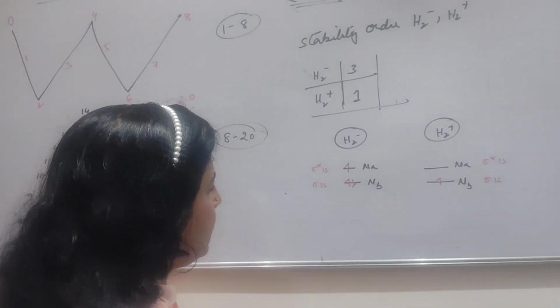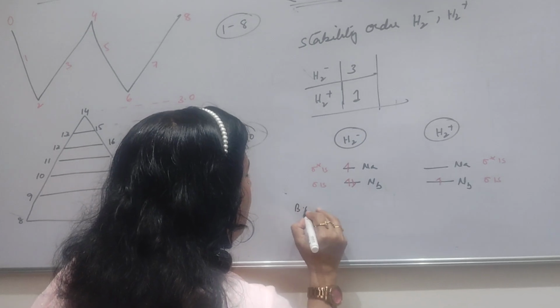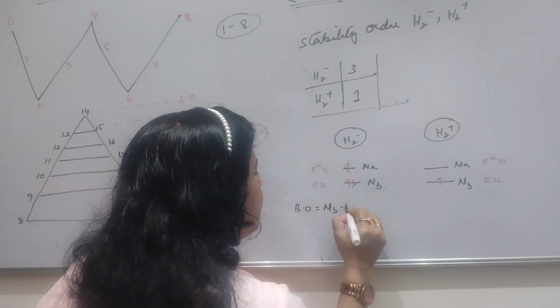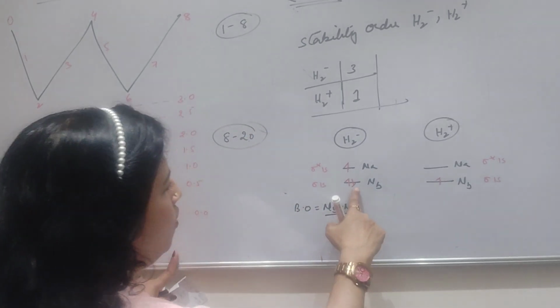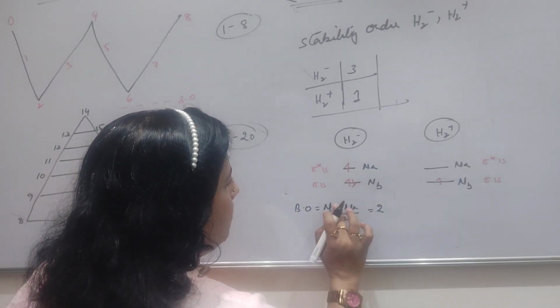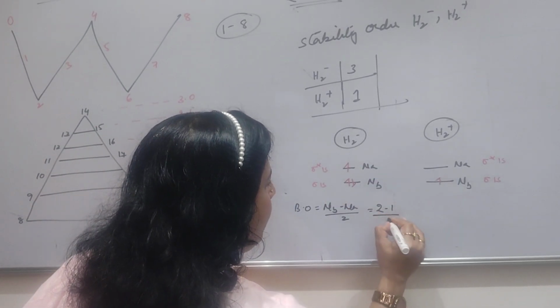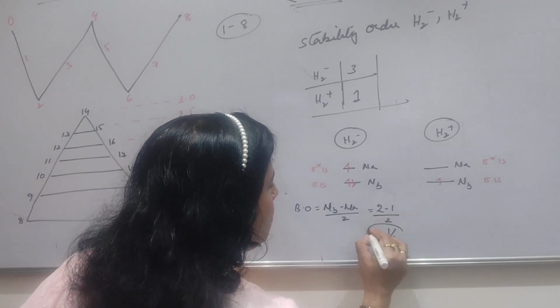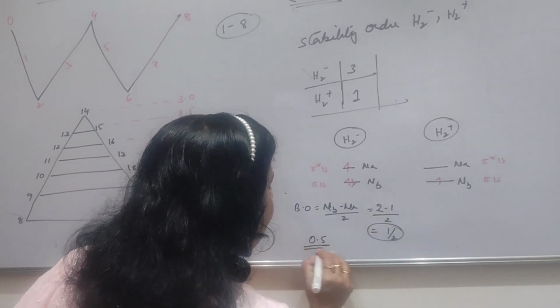If that is done, we know that bond order is equal to Nb minus Na by 2. So how many electrons do we have? That is 2 minus 1 by 2, that is 1 by 2. So the bond order is 0.5.